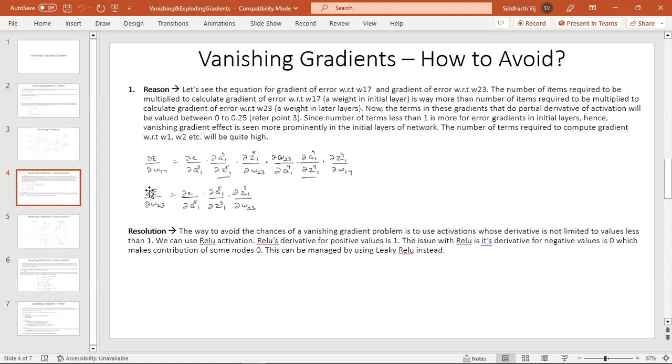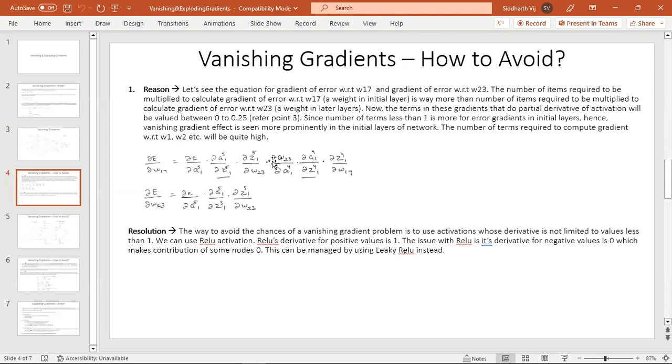So that's the error gradient with respect to W23. But when we look at the error gradient with respect to W17, we see that there are more terms which are getting added as a part of the chain rule in this computation.